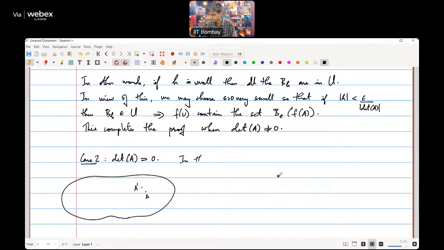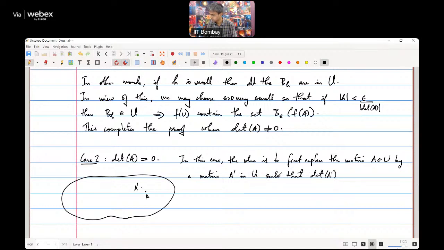In this case, the idea is to first replace the matrix A in U by a matrix A prime in U, such that the determinant of A prime is again 0, but now A prime satisfies a special condition: the column rank of A prime is equal to n minus 1.